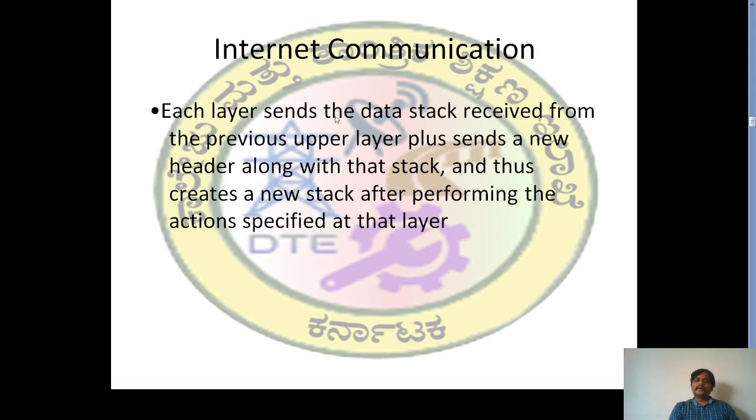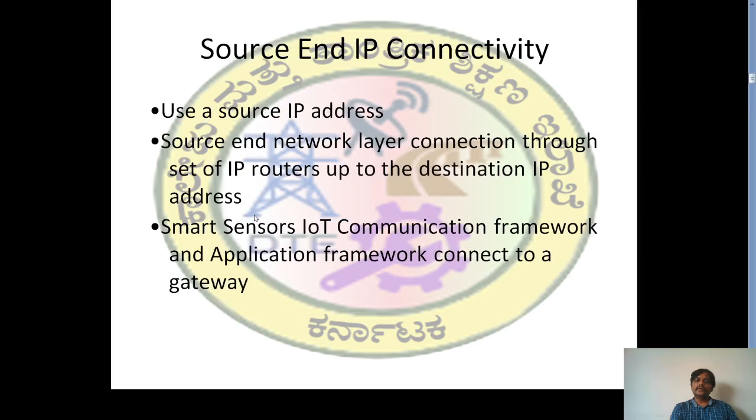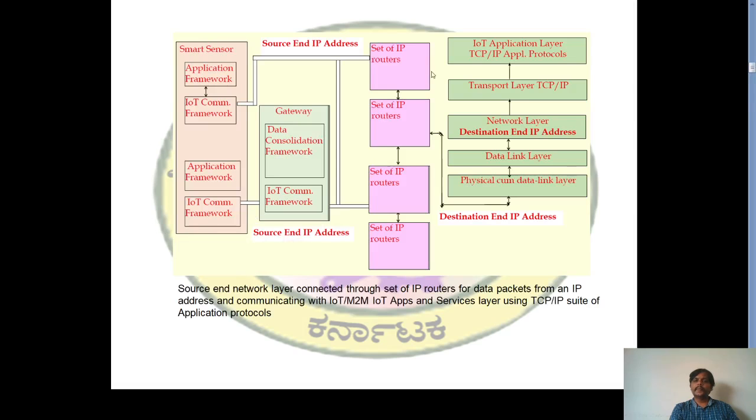Each layer sends the data stack received from the previous upper layer plus a new header along with that stack, and thus creates a new stack after performing the actions specified at that layer. We can see here the data that has been generated.